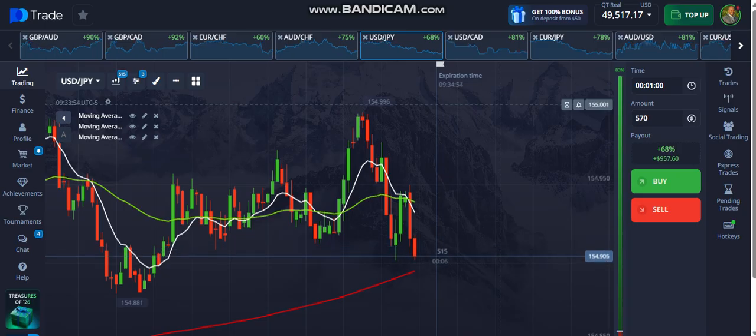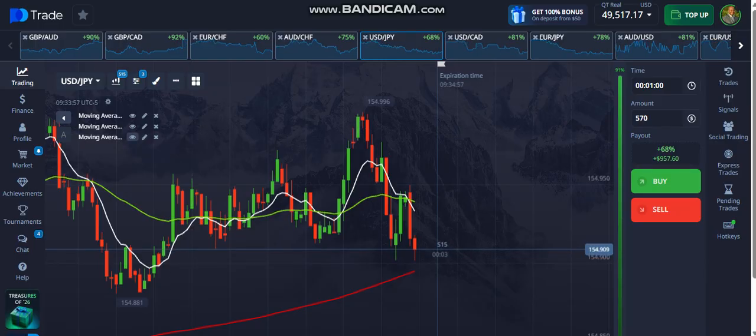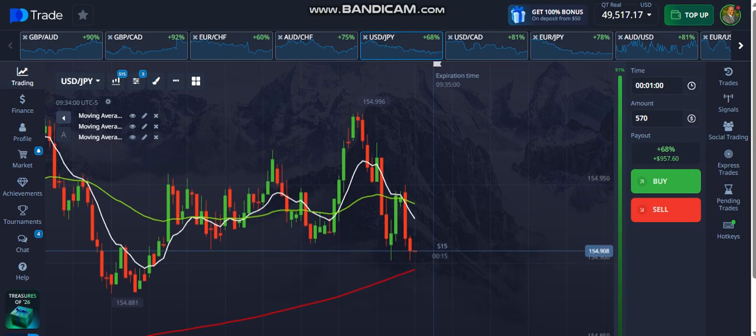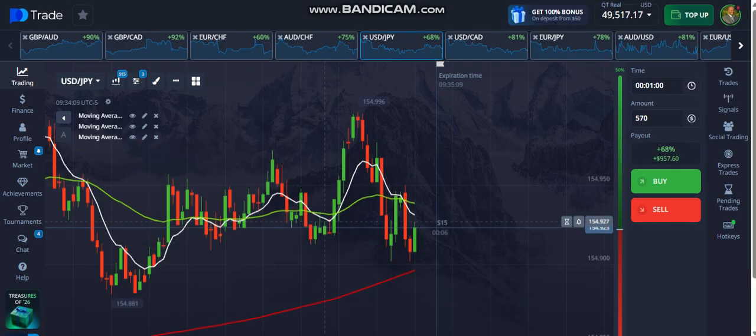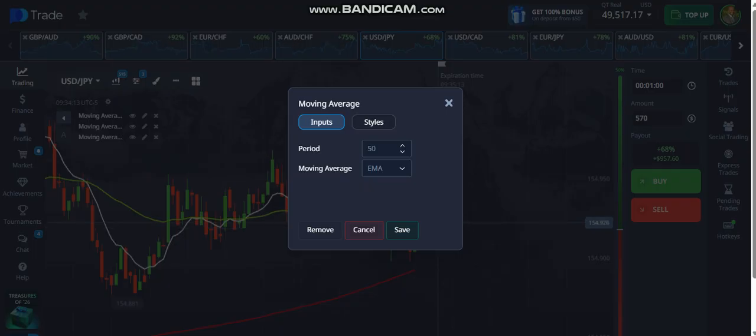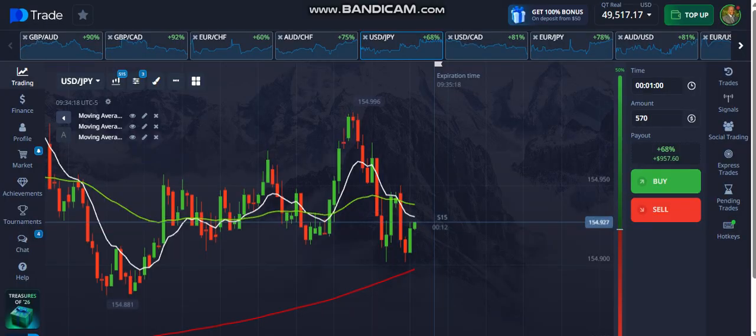Pocket Option. And I have my three moving averages that I've set up here. The first moving average is the 10 EMA, 10 exponential moving average, which is the white line here. The second moving average will be the 50 period exponential moving average, which is the green line.